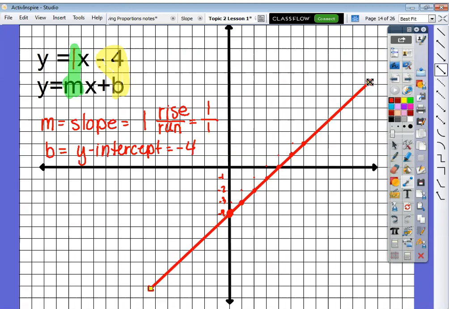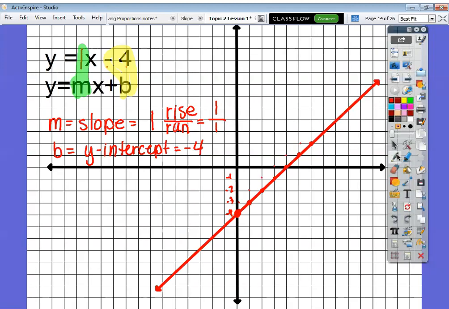And that's it, you guys. Let me build my stairs really quick though. To graph a linear equation, that's all you have to do. You start at the y-intercept, and from that y-intercept, you graph your slope.